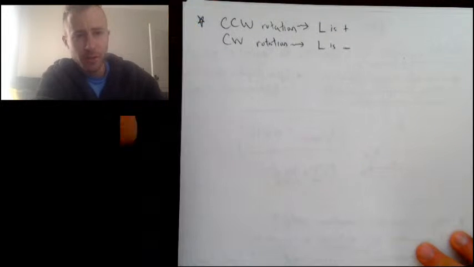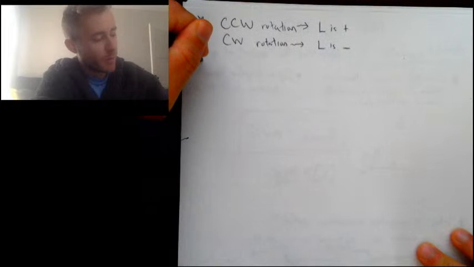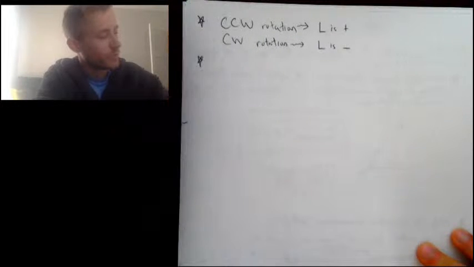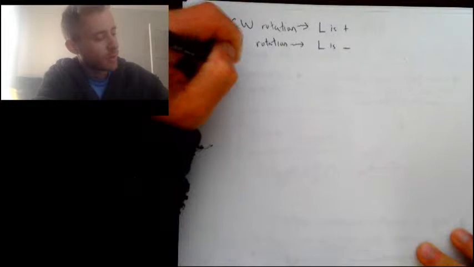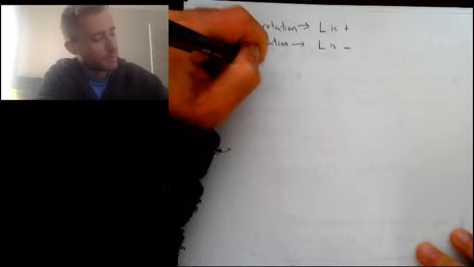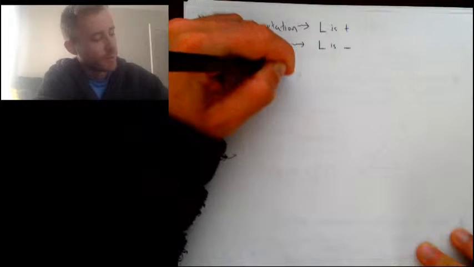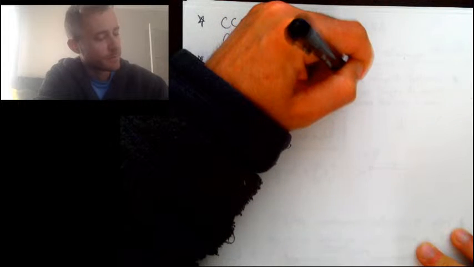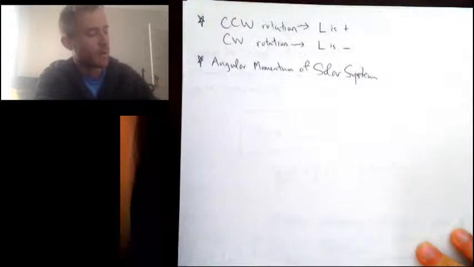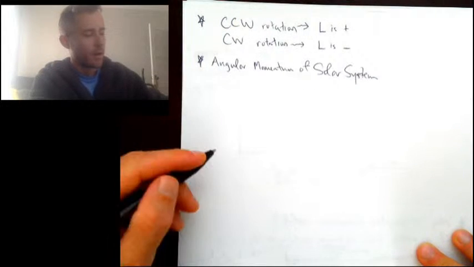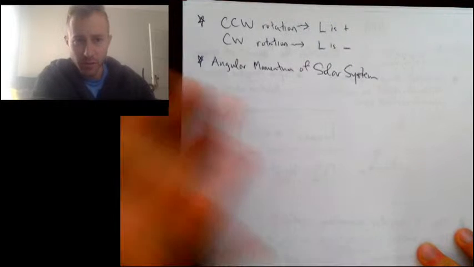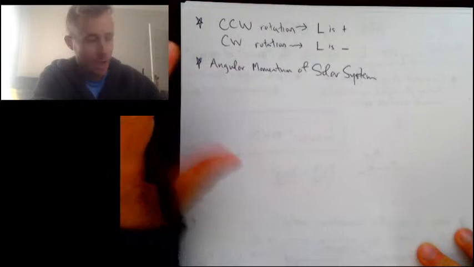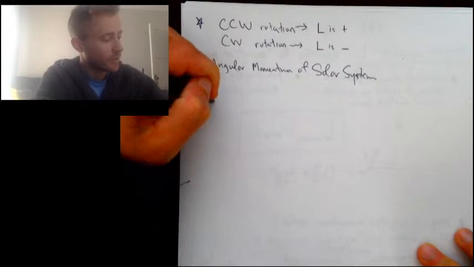One thing I think is really neat that I wanted to talk about is the solar system. Let's talk about the angular momentum of the solar system. Okay? So I'm going to draw the solar system not to scale at all. Okay? This is not to scale.